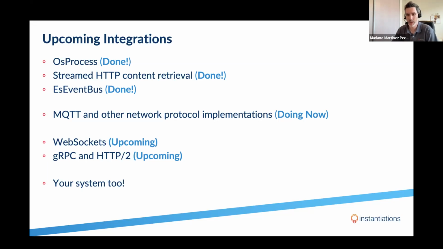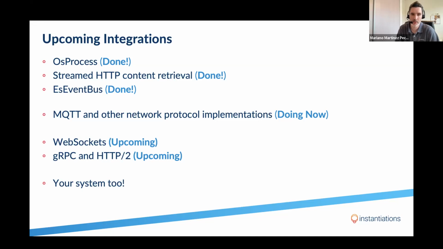So that's using all of our asynchronous frameworks. In fact, I think it uses streams for that. Then we have a new event bus, which will be part of the next release, but this is already done.